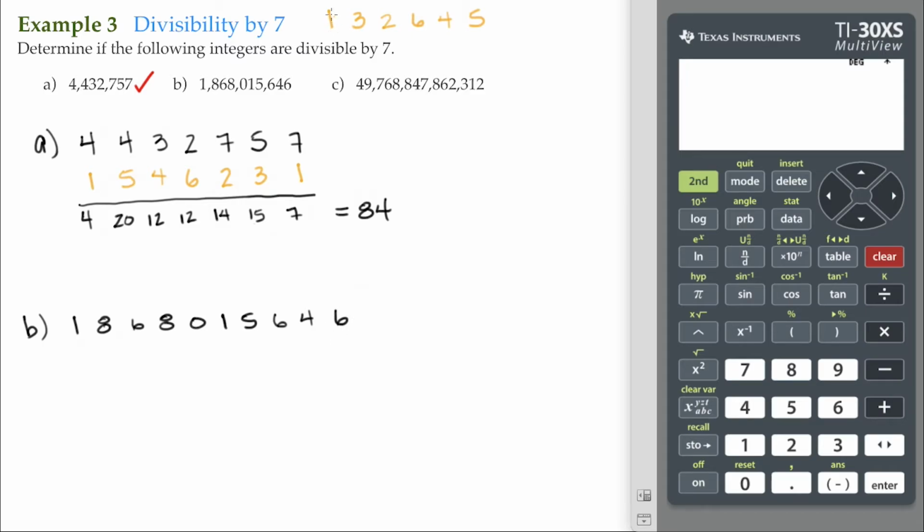Here's the ones position, the tens position, the hundreds position, and we just go down the line here. And we repeat.